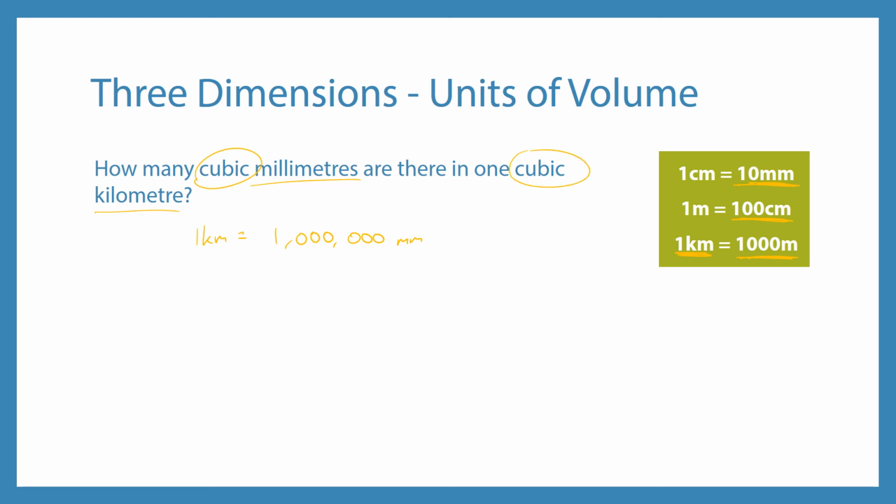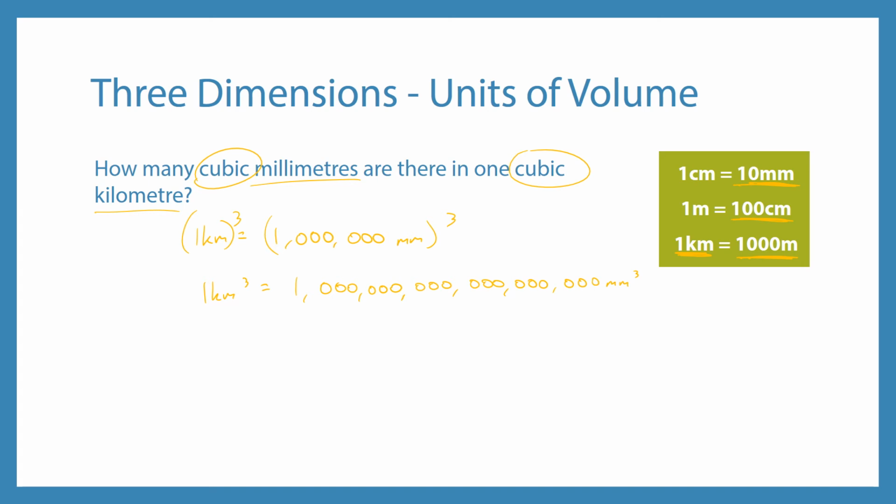Again, we're cubing it. This time we're going to get 18 zeros at the end. So 1 cubic kilometer is the number. Okay, so there's our number of cubic millimeters.